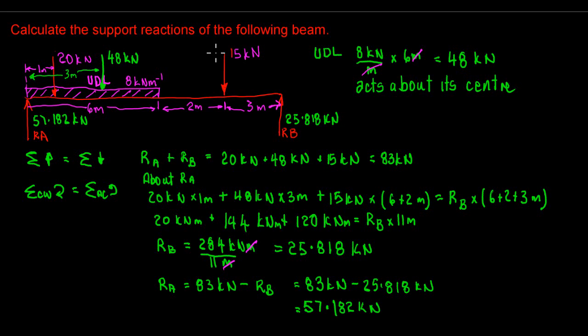So RB will then equal 284, which is the sum of the 20 kilonewton meters, the 144, and the 120, kilonewton meters, divided by the 11 meter arm or length that RB is acting at, and that is equal to 25.818 kilonewtons.